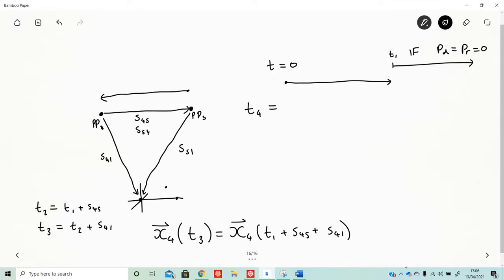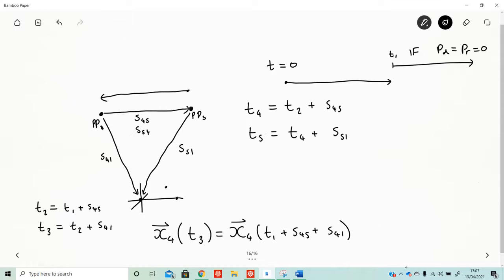T4 is the time it takes for the light to reach PP5 in the global frame, and that is equal to T2 plus S45, and then T5 is the time it takes for that information then to reach the centralized point particle going down directly from PP5, and that would be T4 plus S51. Remember, these space elements are not duplicating and reducing, so we can just add the time. So it's sort of time is space, and space is time.